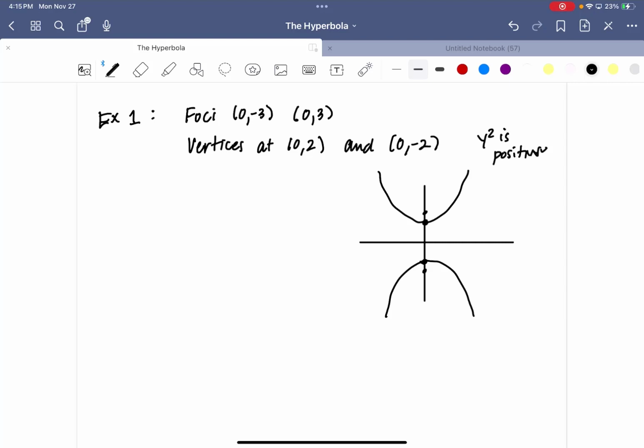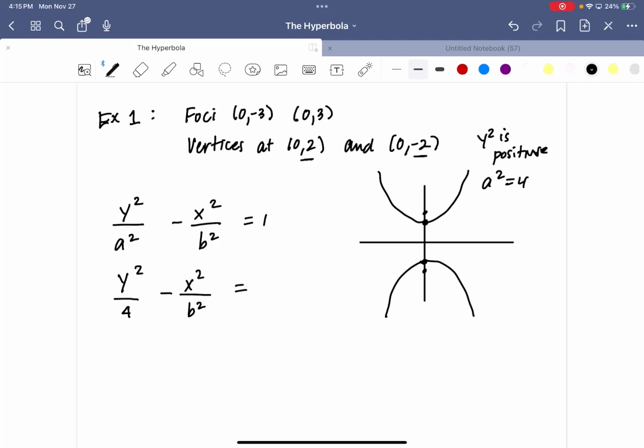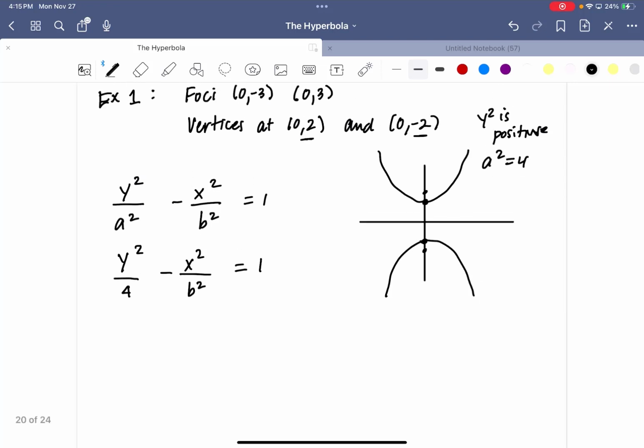It also tells us that a squared is 4, because remember that the vertices are at the square root of that. So we know we've got y squared over a squared minus x squared over b squared equals 1. That's y squared over 4 minus x squared over b squared. We don't know b squared yet, so I'm going to leave it like that. Now, remember how we find b squared.